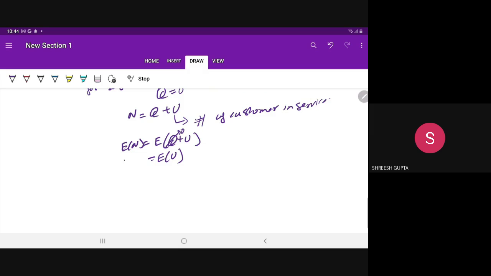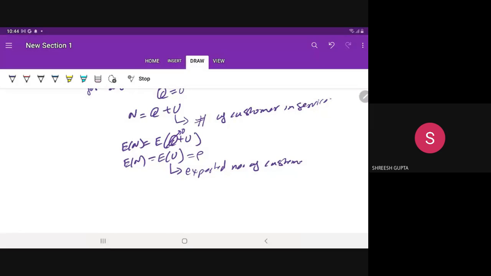Eu or En is equal to rho. It gives you the expected number of customers in service. Expected number of customers in service means in the self-service model every customer is in service. So that's why we have the same expectation.